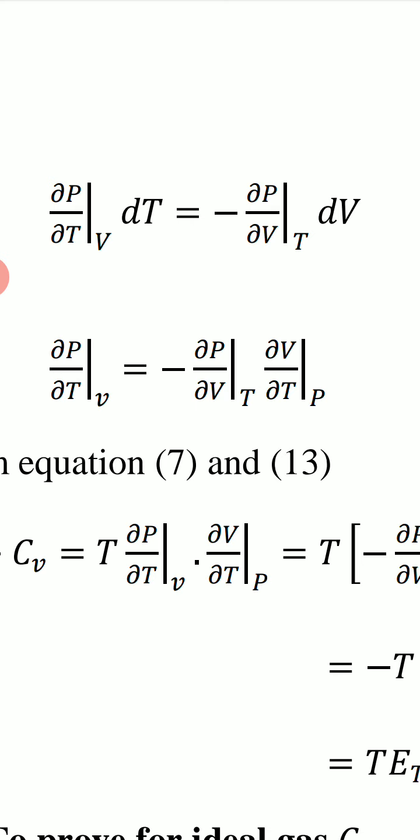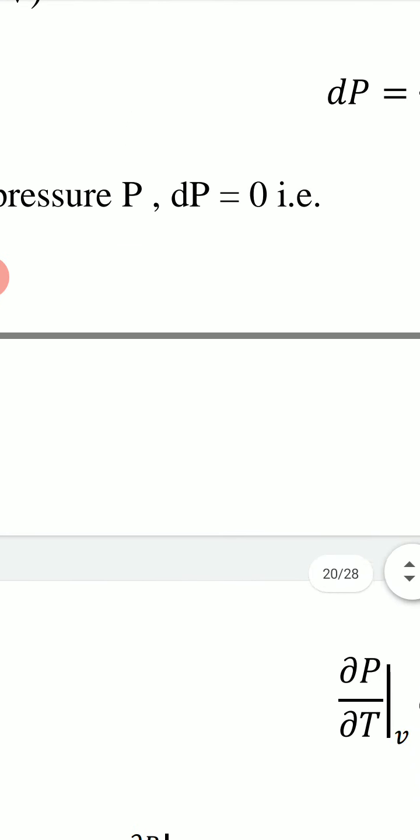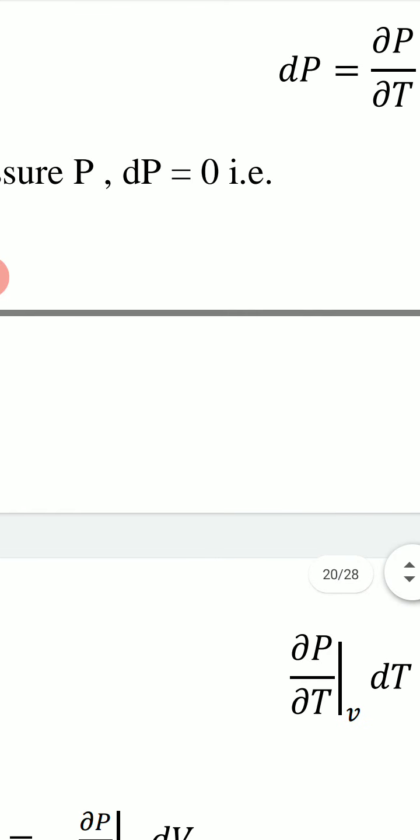Here we take dT from the left hand side to the right hand side, then it will become dV upon dT. We write it as delta V upon delta T. Since this is for constant pressure P, we write constant P, because for constant pressure P, dP is 0, for which we get this relation.